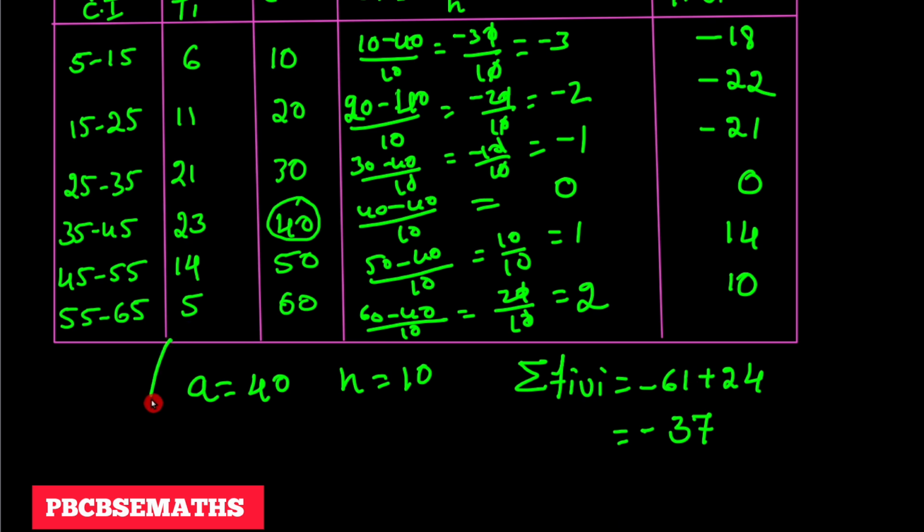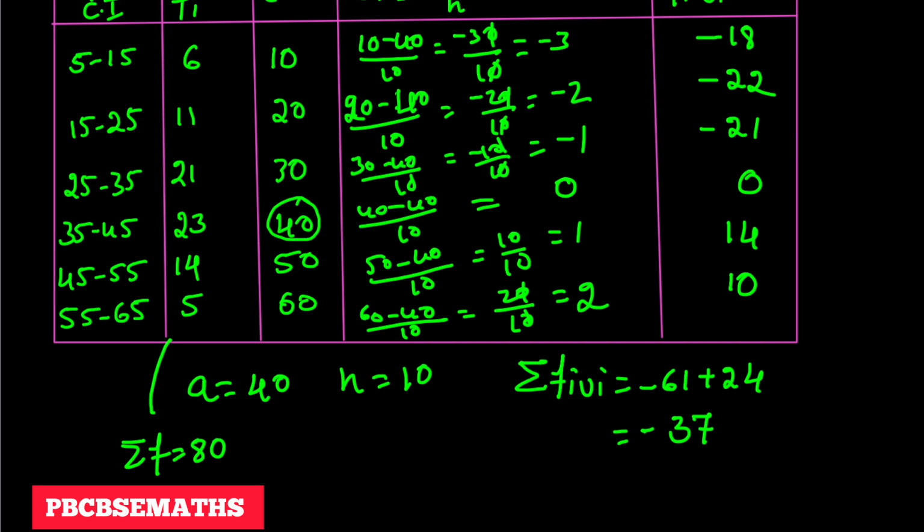Here let's find out the summation of f, which is equal to 11 plus 6, 17. 17 plus 21 gives us 38. 38 plus 23 gives us 61. 61 plus 14 gives us 75, plus 5 gives us 80. So the summation of f value is 80.